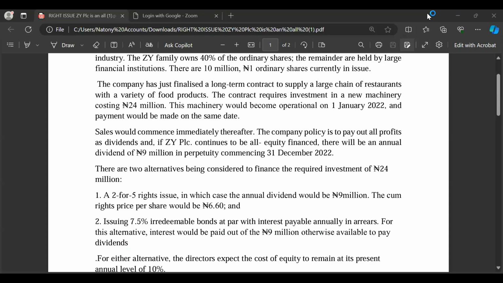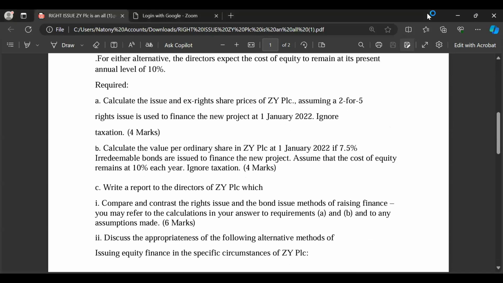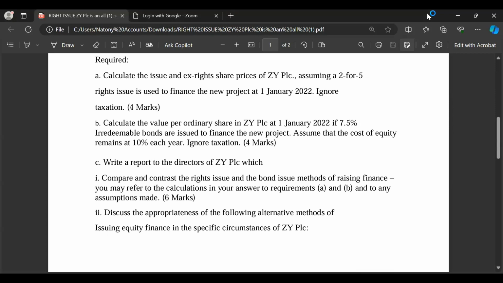So back to the requirements, we want to calculate the value per share. Let's go back to the notes. So calculation of the value per share, that's share price.